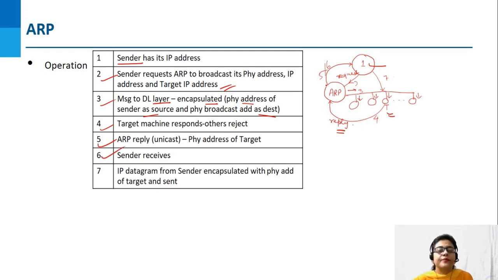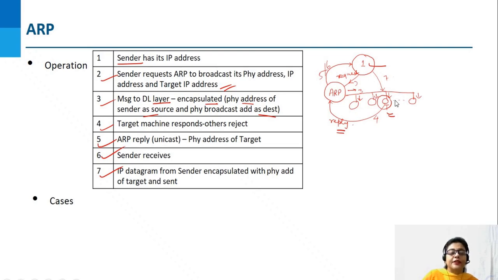Point 6, the sender receives it, and the sender can then directly send the IP datagram encapsulated with the physical address of the target, and it is sent to the target device. So this is the operation of ARP.